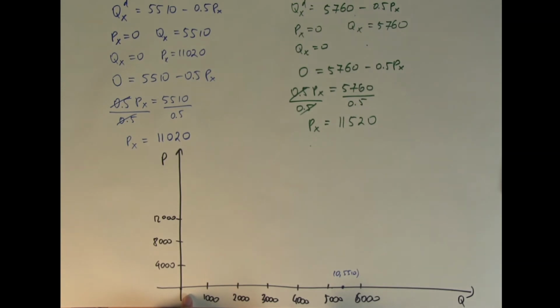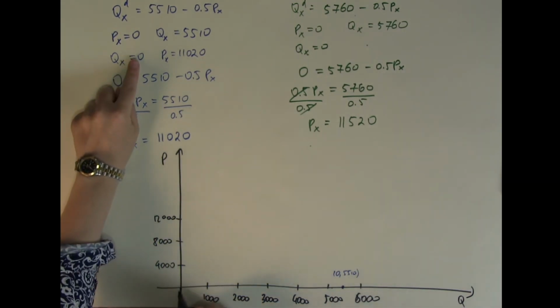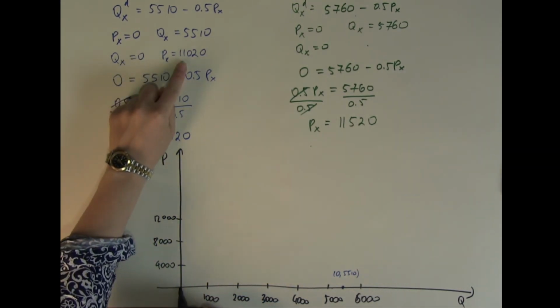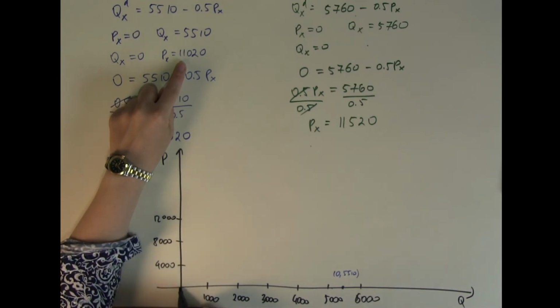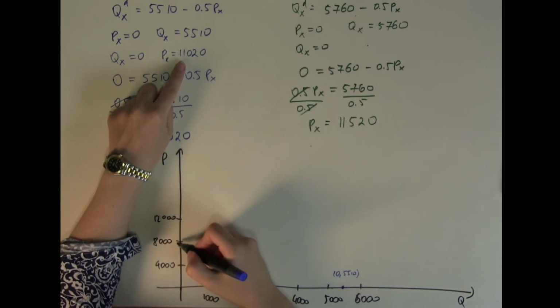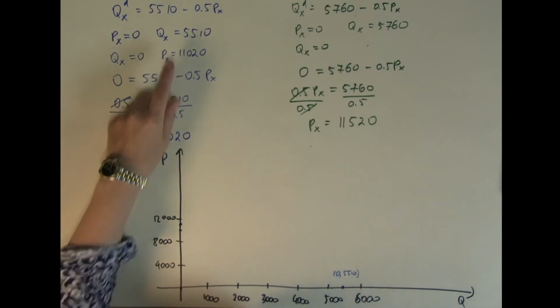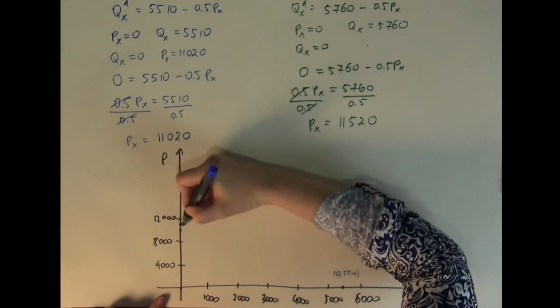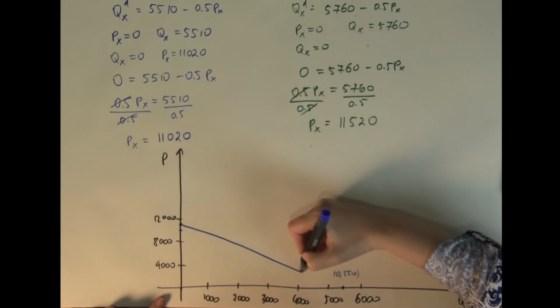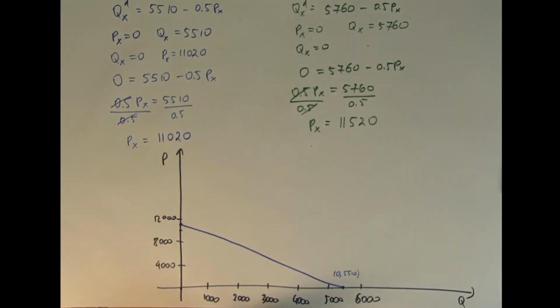And then for Q to be 0, P needs to be 11,020. Well, halfway between would be the 10,000. Halfway between here would be the 11,000, so that would be somewhere there. So the first line is something like that.